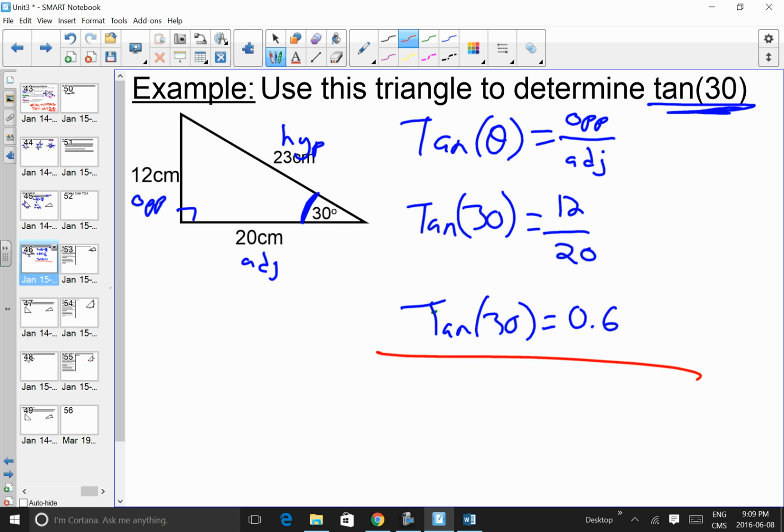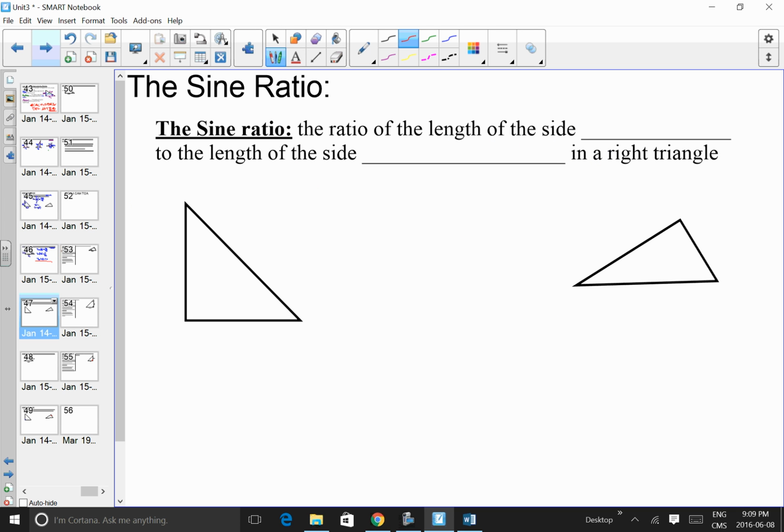Okie dokie. Next one is the sine ratio. Again, it's comparing two sides of a right triangle, except this one compares the opposite side with the hypotenuse. So, if this was my right triangle, and we're looking at this angle, I want to label it.